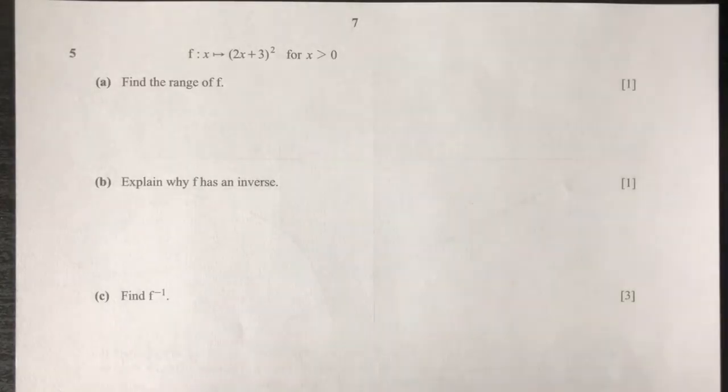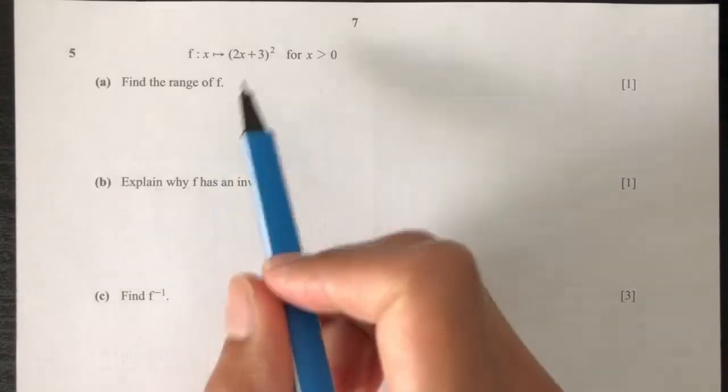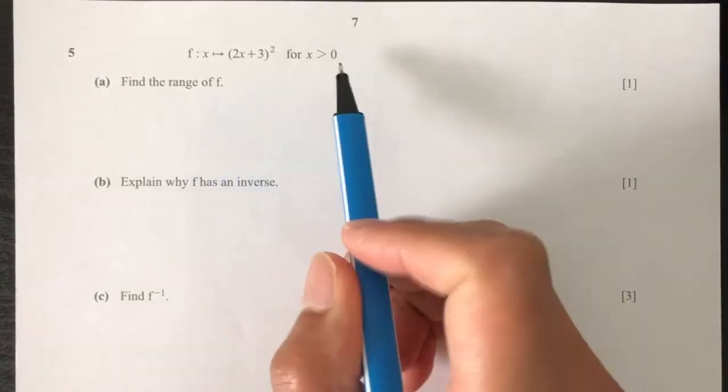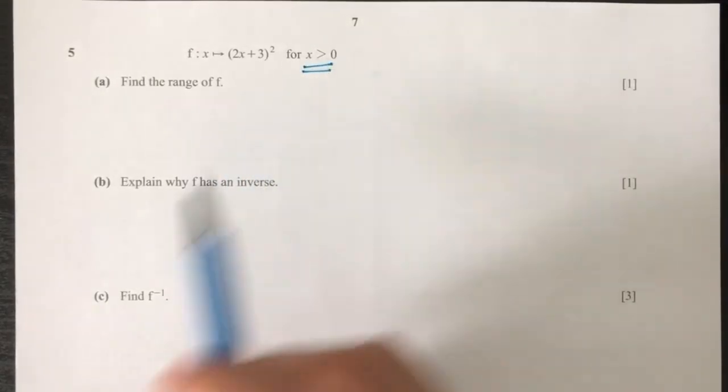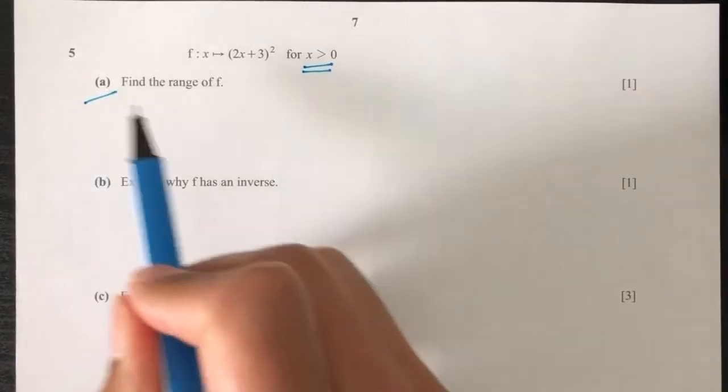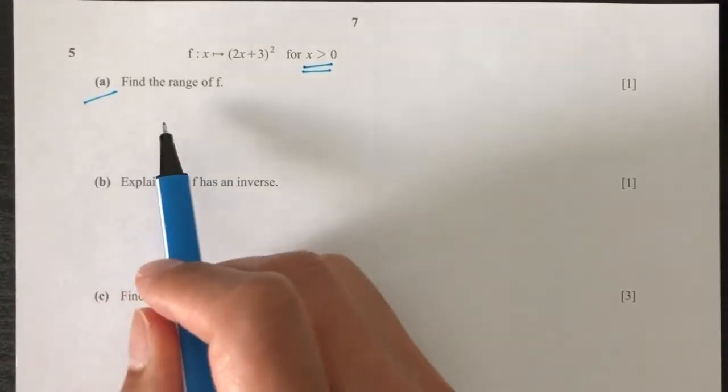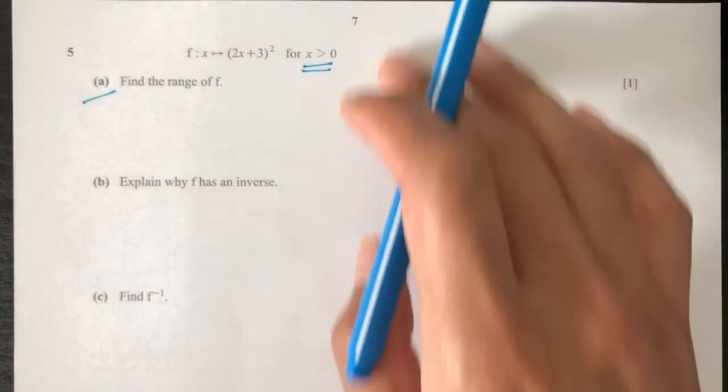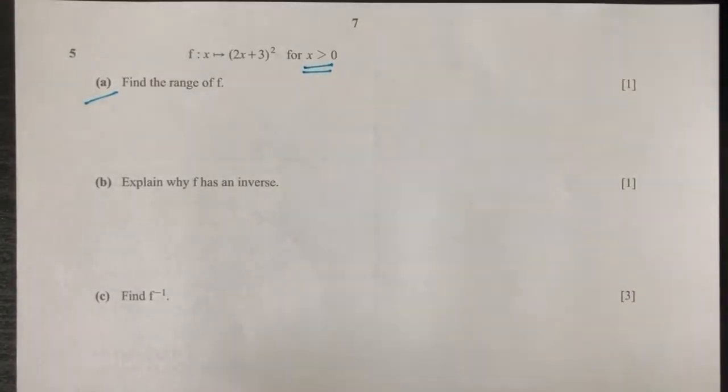Question number 5, we have a function f of x equal to 2x plus 3 power 2 for x more than 0. Now part 1, find the range of f. So range of f will be the values which go up and down. So let's observe.